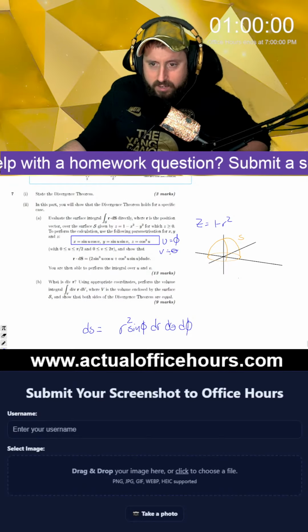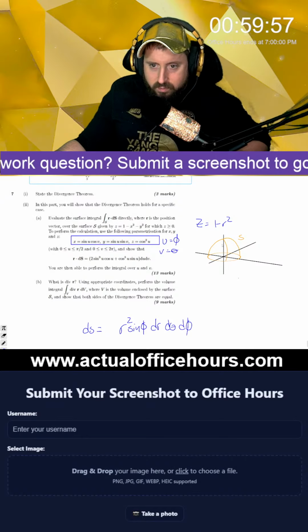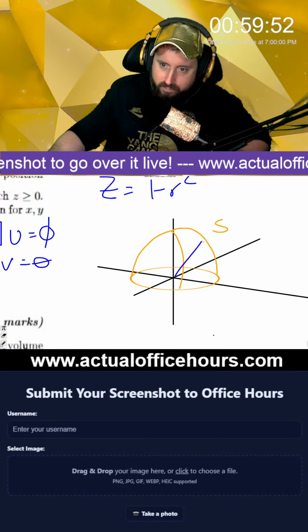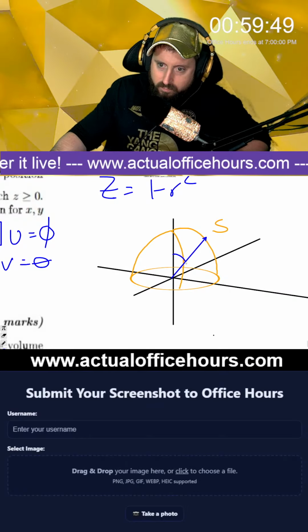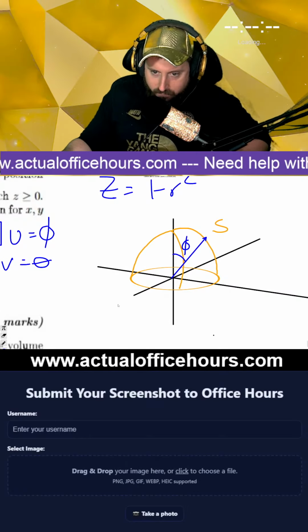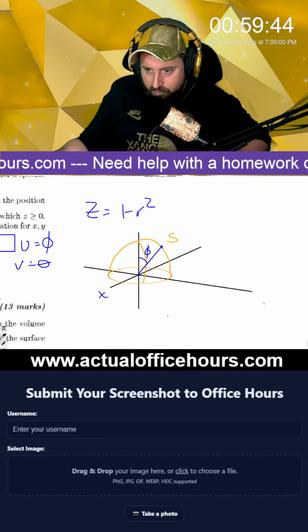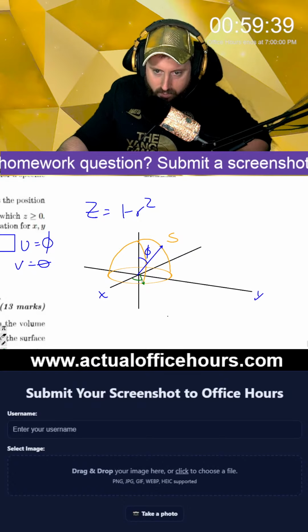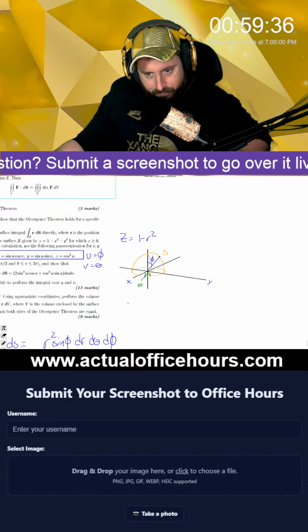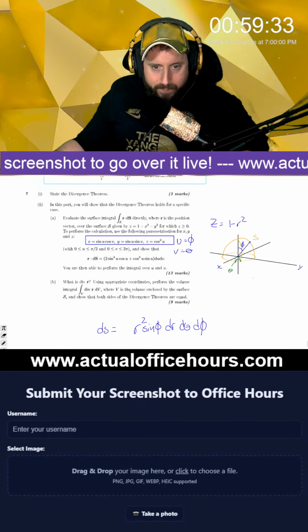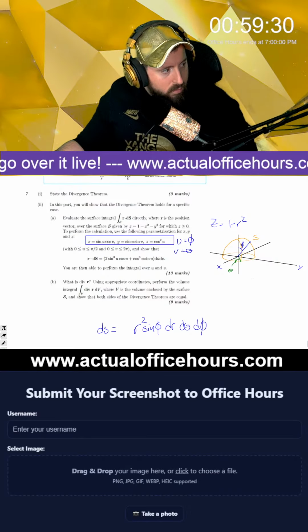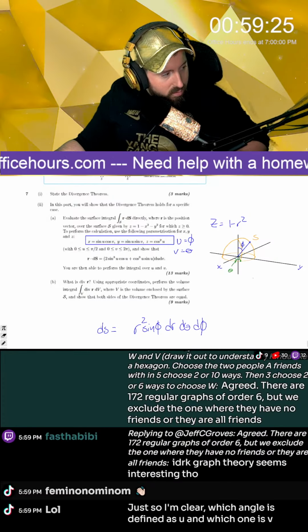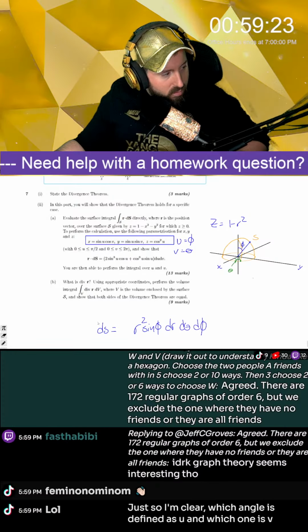U is defined as phi, V is defined as theta, where I'm defining phi as this. Right, this right here is phi. And if this is the x-axis and this is the y-axis, I'm defining this angle here as theta. Okay. Alright, so to do the parameterization... I think I remember how to do this.